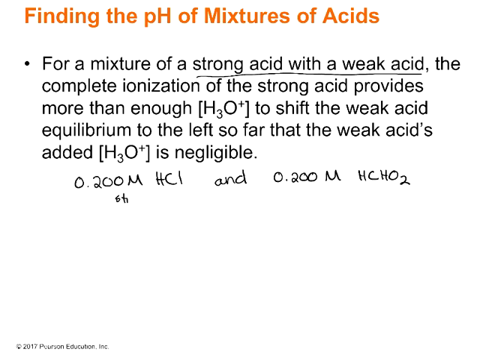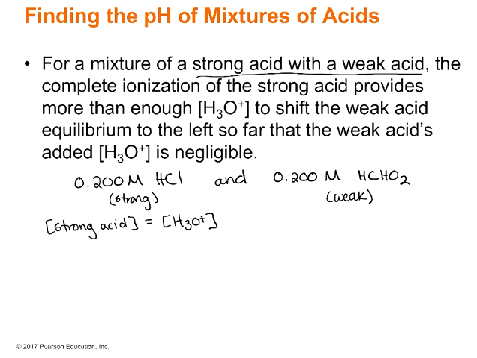Again, remember that HCl is strong and formic acid is weak. We already said that the concentration of a strong acid is equal to the concentration of hydronium ions in solution.